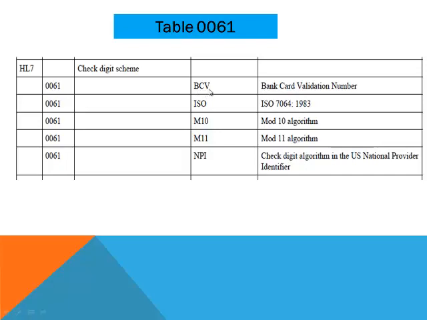If it's BCV, that means bank card validation number. If it's ISO, that will be ISO 7064:1983. If it's M10, that means it can be obtained by the Mod 10 algorithm. There are other entries I did not list here. I just copied part of this table.